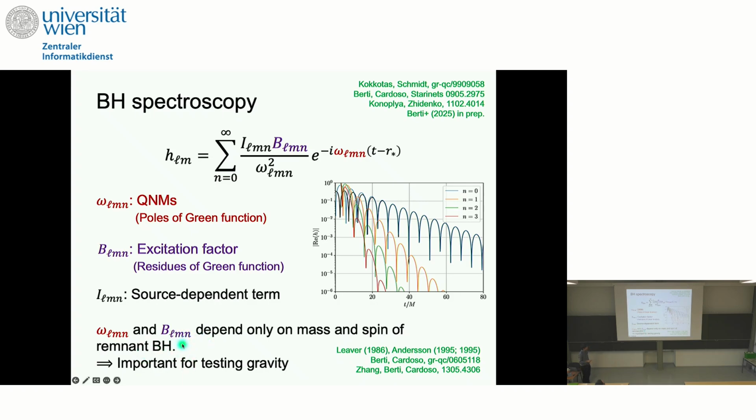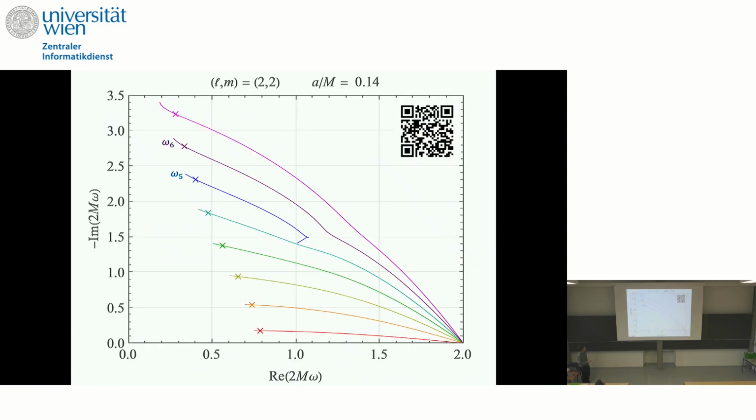But in this context, it is the lens black hole. This is the QNM frequency of the 2-2 modes, with the imaginary part and the real part. Most quasinormal modes go to this point, which means longer-lived modes.